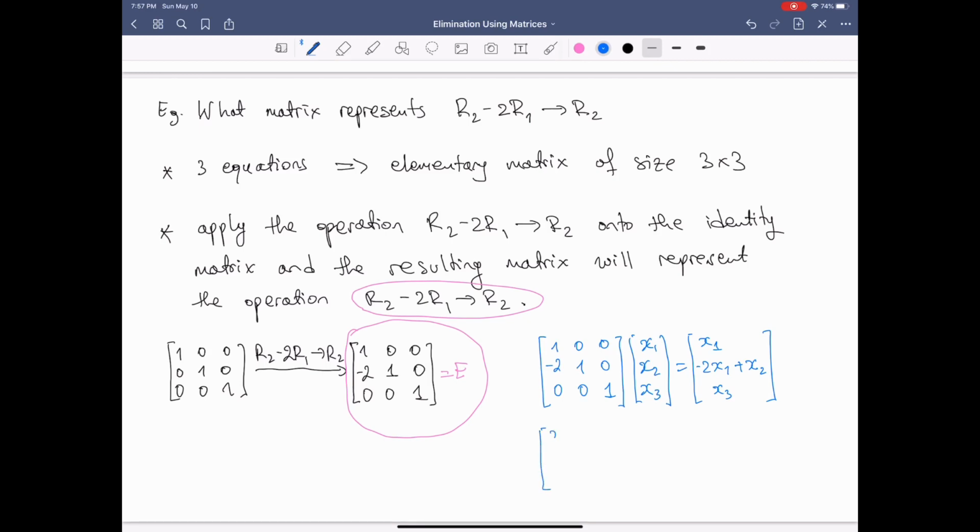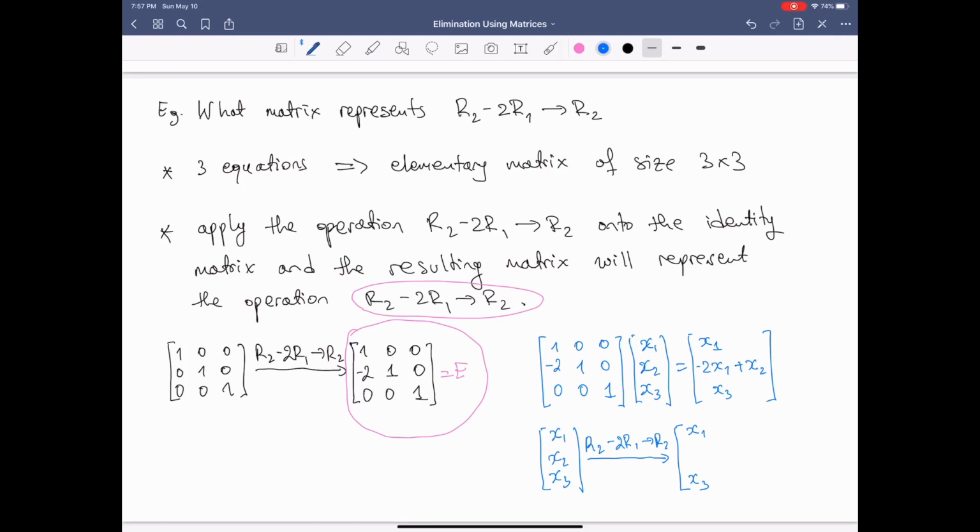Now, let me do the following. Let me take the vector x1, x2, x3, and apply the operation R2 minus 2R1 into R2. What do I get? Well, I'm not saying anything should change in the first or third component, so I know that I have x1 in the first component and x3 in the last component, and then I just have to apply the operation to the second row.